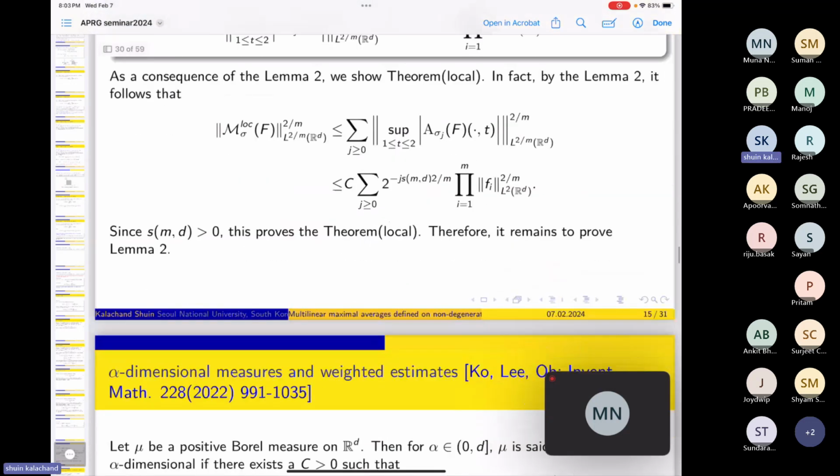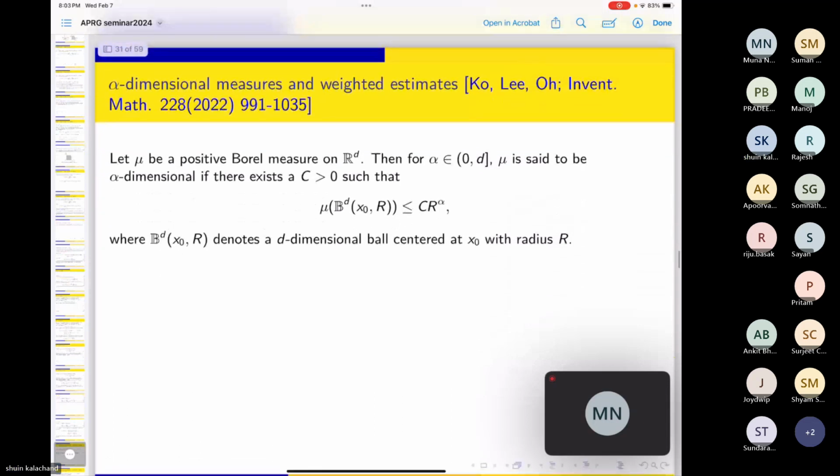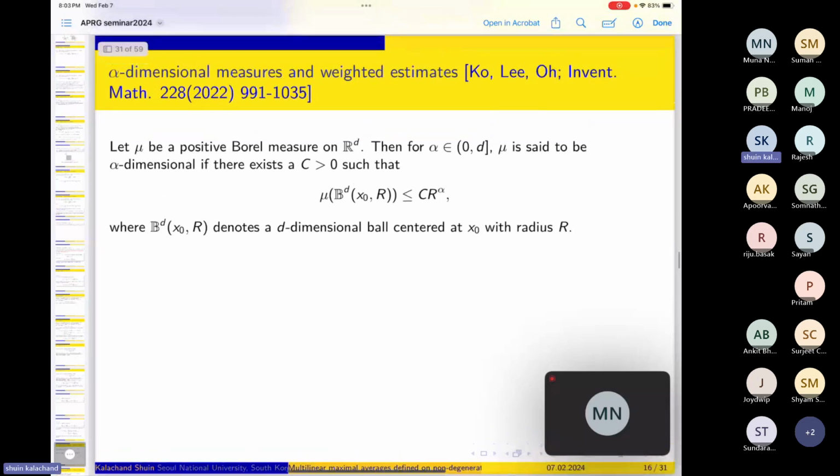And in order to do that, we need to define some new notations. So we'll define some alpha-dimensional measures. Let mu be a positive Borel measure on R^d, and alpha is some number which is positive and less than or equal to d.